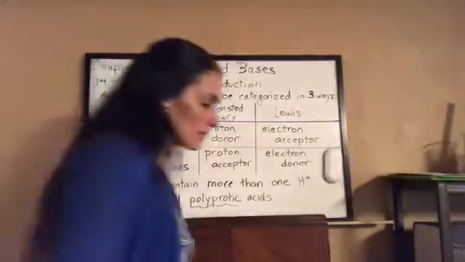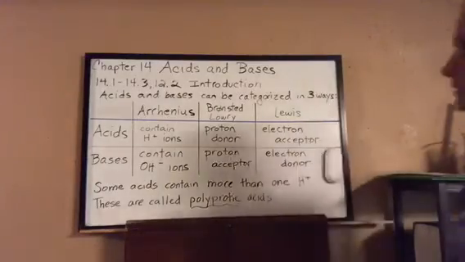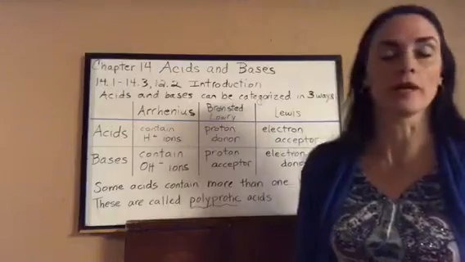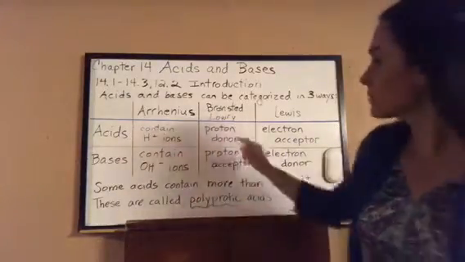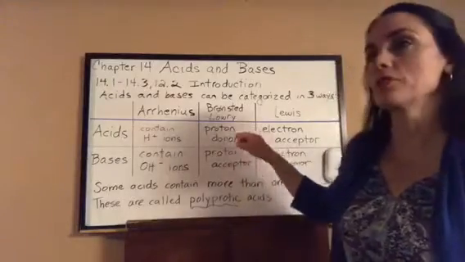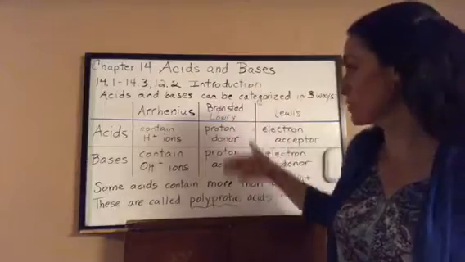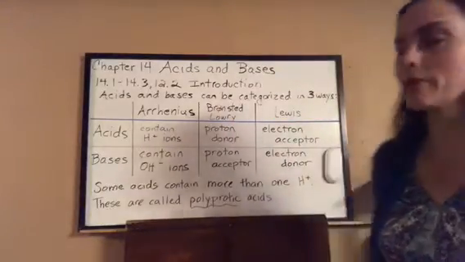If we think of what a proton is, a hydrogen atom and a proton both have one proton. So the Brønsted-Lowry definition defines acids and bases in terms of protons. Even that definition is limited in its scope.